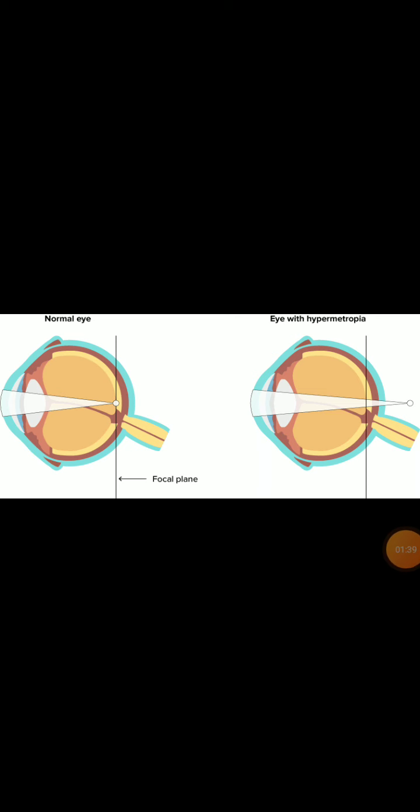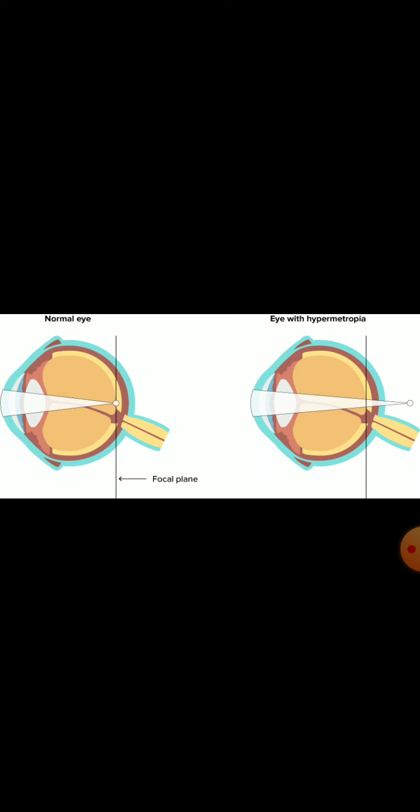So a person with this defect will have a near point farther away than the normal near point. We have already talked about what the normal near point is for a normal eye. It is about 25 centimeter. That is near point, right?